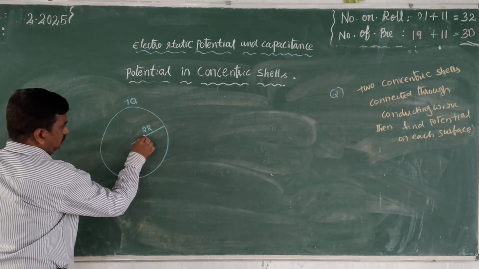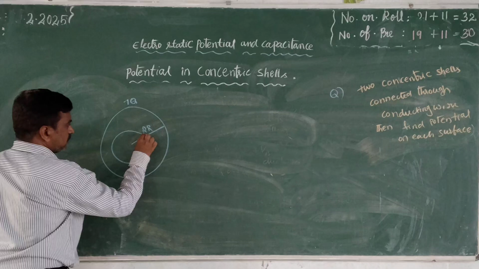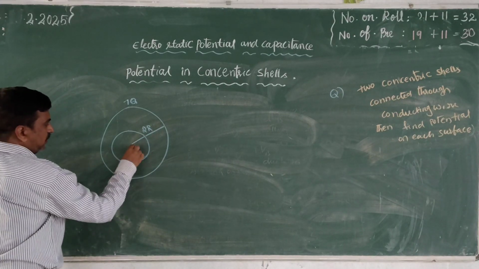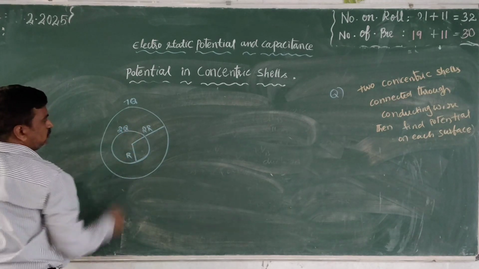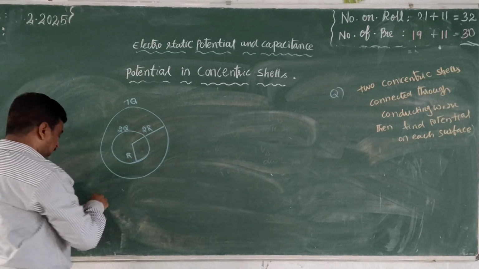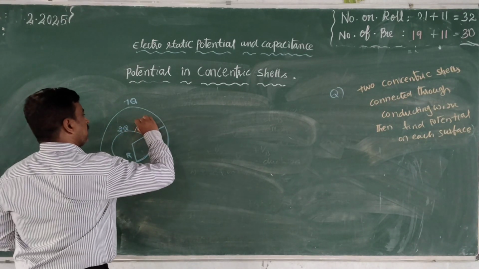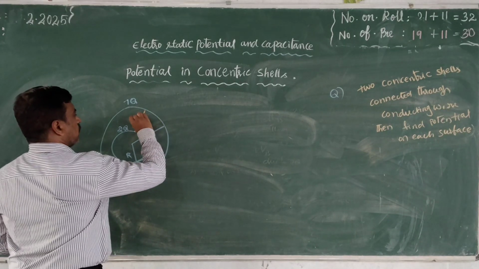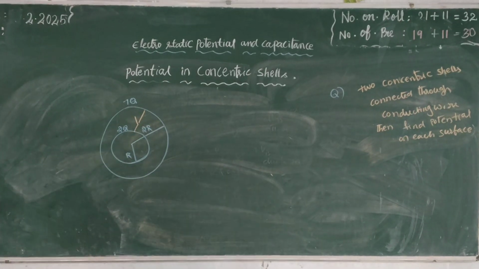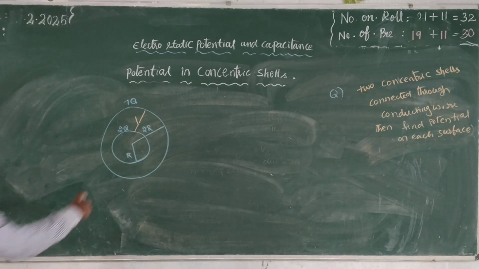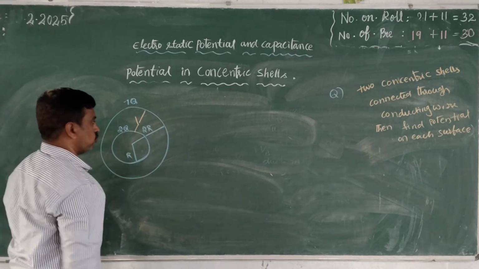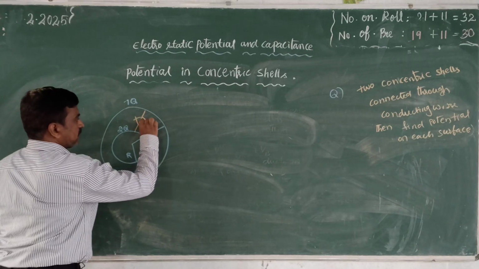See another cell, its radius is r, charge is 2q. It is connected through conducting wire. See, this is the problem.